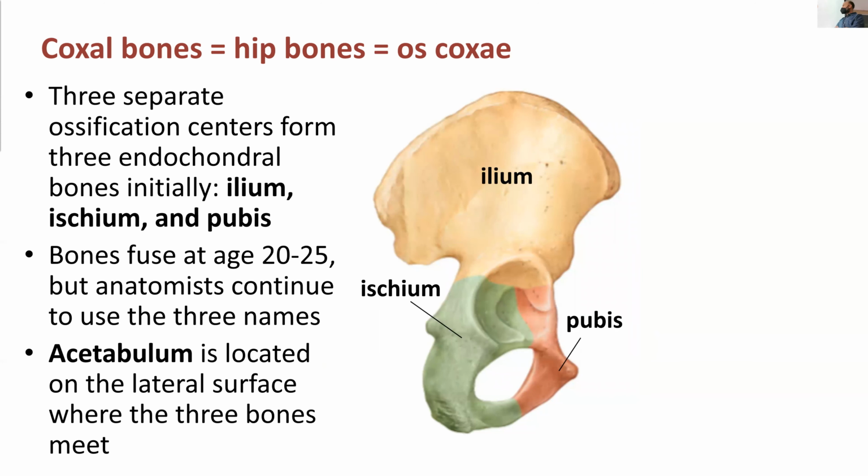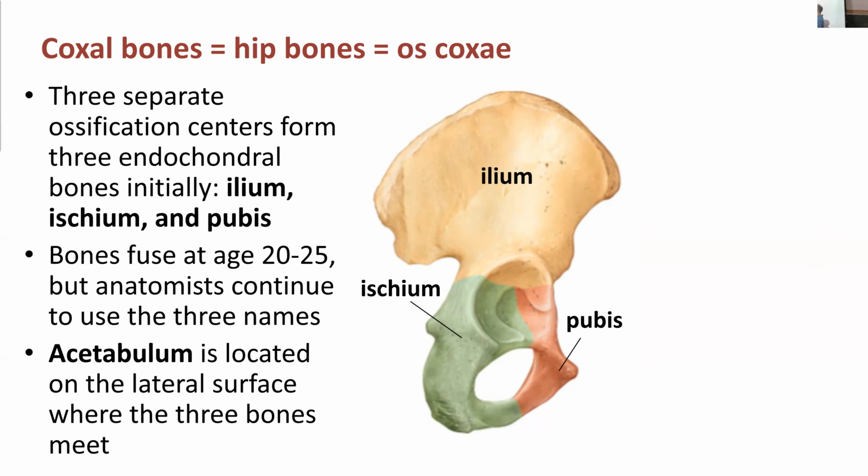However, we still refer to the parts of the coxal bone based on the names of those original 3 bones. And that's the ilium, the ischium, and the pubis. Because it's kind of a weird shaped, complicated bone, those terms are handy to identify different areas on that bone. Notice, interestingly, that this acetabulum, where the femur articulates with the coxal bone, is essentially the center point where those 3 come together.